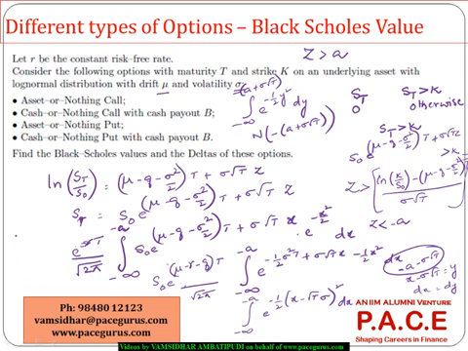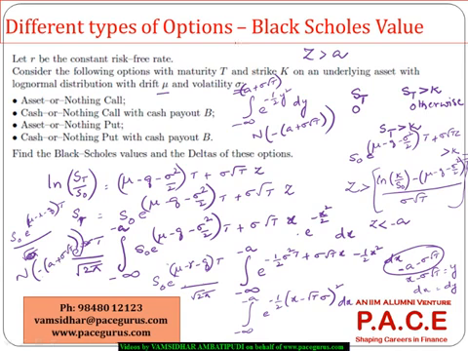This is coming out to me as S0 e power (mu minus r minus q) times t by square root of 2 pi. Now, I don't need the square root of 2 pi because this entire thing comes to N of minus of (A plus sigma root t).